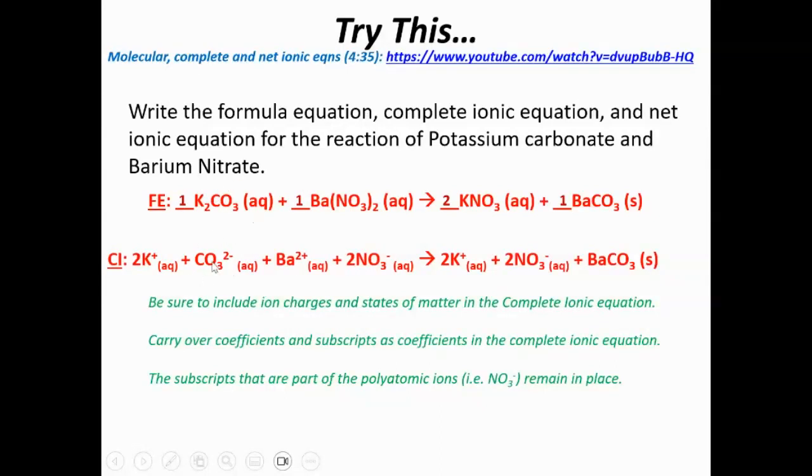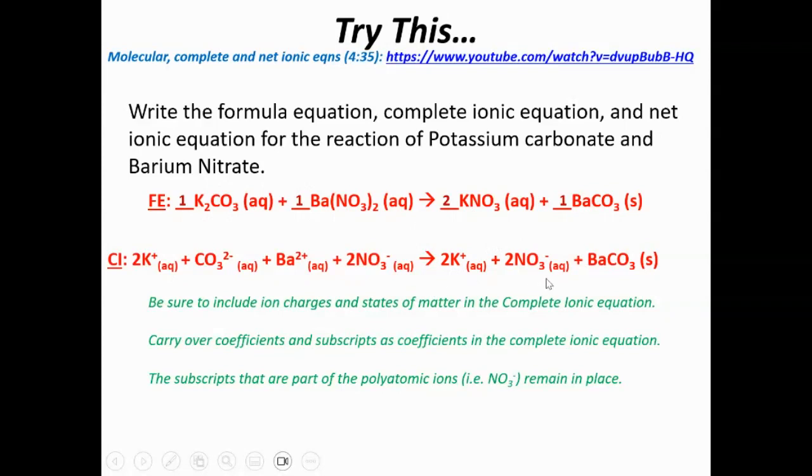It behaves as a unit. We're not going to separate the carbon from the oxygen. We will put the charge of carbonate, which is -2. Both of those are aqueous soluble ions. Moving on to the barium nitrate. That's another soluble salt, so it forms barium ions and 2 nitrate ions. These soluble ions react to form potassium nitrate, a soluble salt.